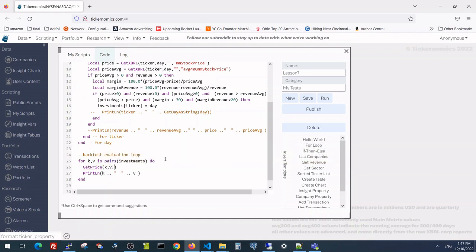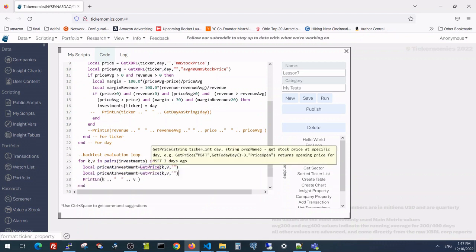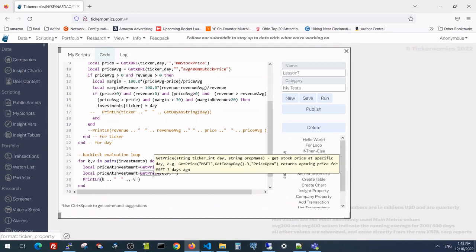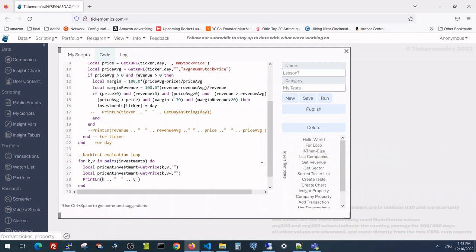The last parameter is just an empty string. Okay, price set at investment, and then we'll also get the price after 2 years.